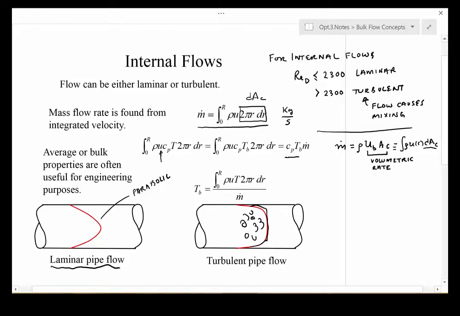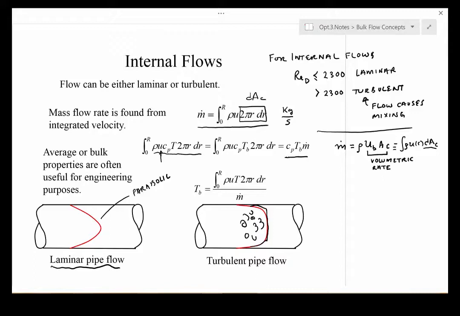So over here we have m dot Cp T_b, which is in some sense an enthalpy mass flux, or enthalpy flow rate. So that enthalpy flow rate in an integrated sense is equal to the integral of rho u Cp T 2 pi r dr. And that's the definition that we use to evaluate that.